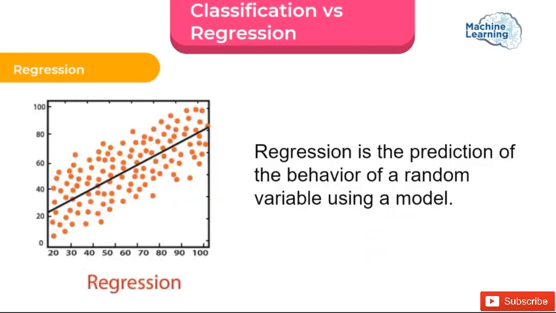All right, so now let's talk about regression. Regression is the prediction of the behavior of a random variable using a model. For example, let us have a model trained with a data set. With this model, we can predict a value that we want to learn or another value that corresponds to a value. This process is called regression in statistical science.